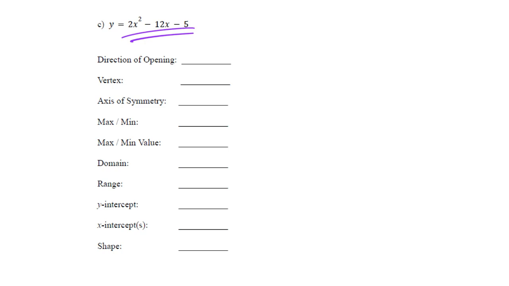So, I'm going to take you through, similar to what we did before, what can I read from my equation? And you'll notice I still have my a value here. That is a positive value, which tells me that my direction of opening is up. It tells me that I have a minimum.